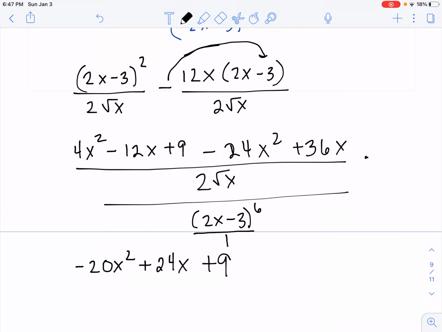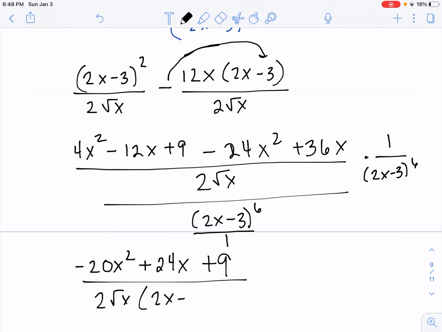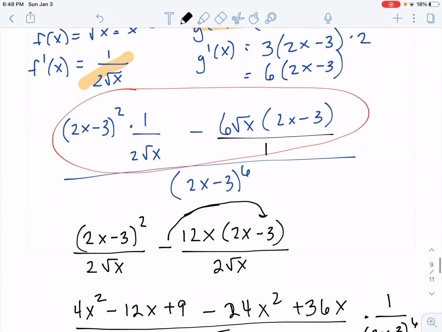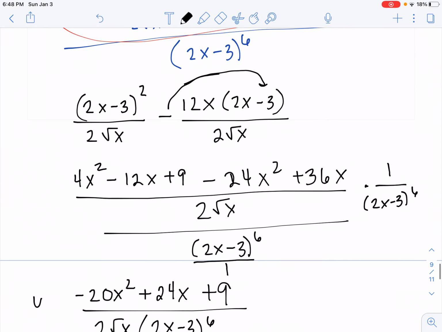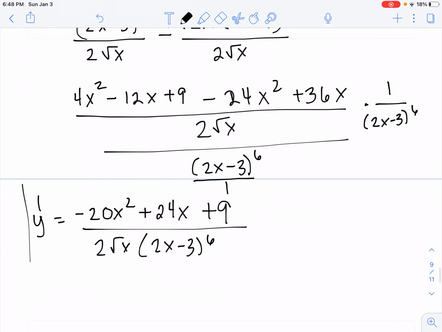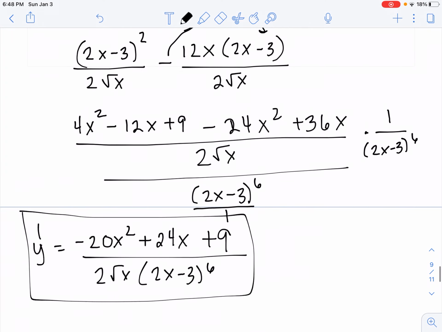So I'm going to multiply by 1 over 2x minus 3 to the 6th power. So this, let's see, what was our function called to begin with? Y. So this is our answer, as long as I didn't make any silly algebra mistakes at the top.